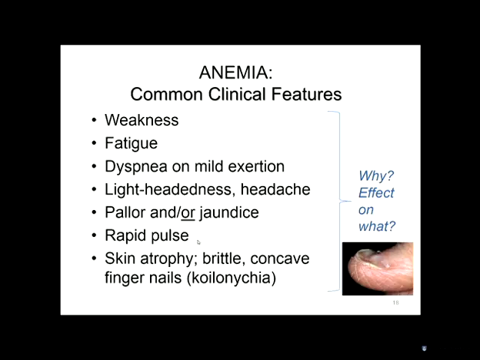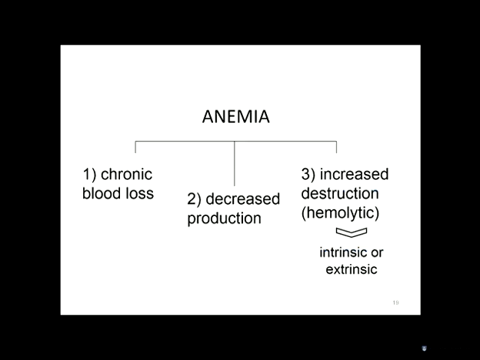Rapid pulse, that's the effect on the heart. Atrophy of the skin, brittle concave fingernails, all of that obviously is a manifestation of poor oxygen delivery to the skin. So always connect those two so that you're fully aware of where the reduction of oxygen carrying capacity is having its effect, okay?